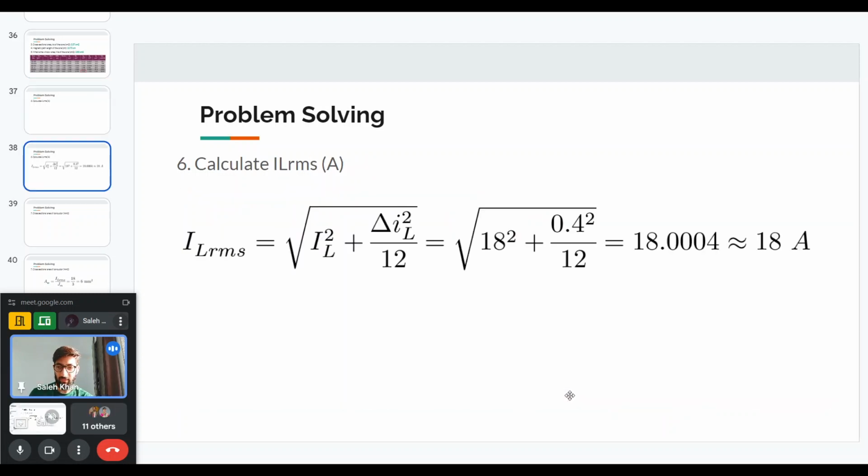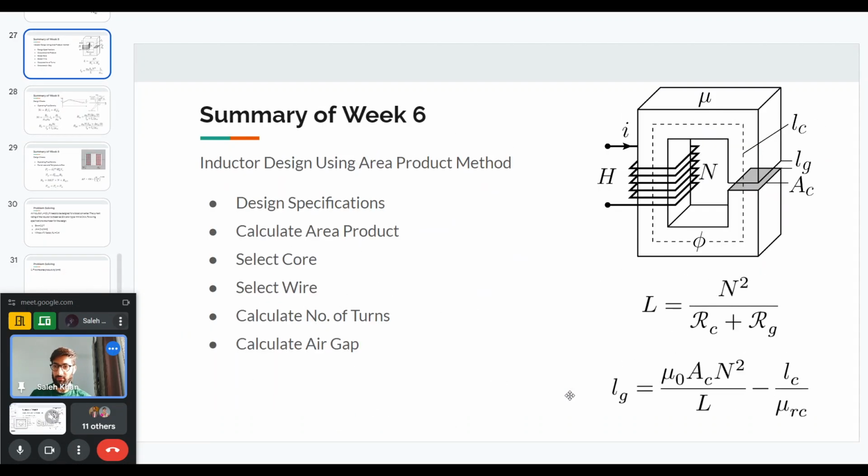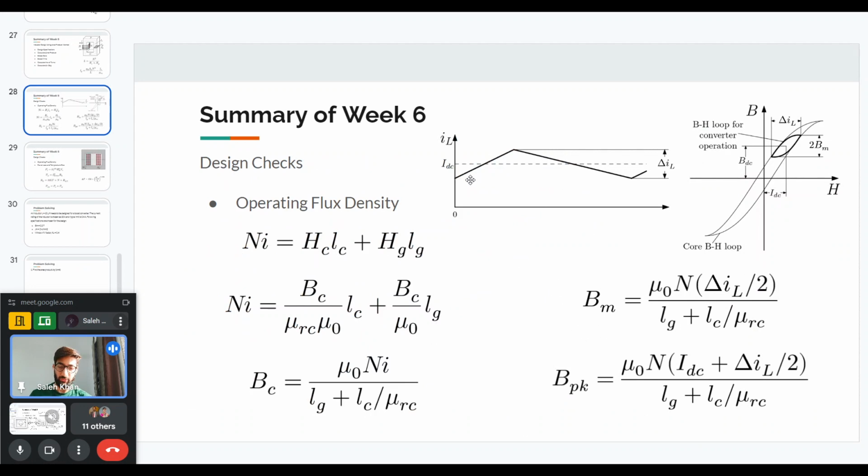Yes, the RMS value. So basically, you have this kind of a current that is shown here. This is the inductor current, the shape of the inductor current. It has a DC portion and then it has a triangular AC portion. And if you find the RMS of this current, you can do the integration yourself.